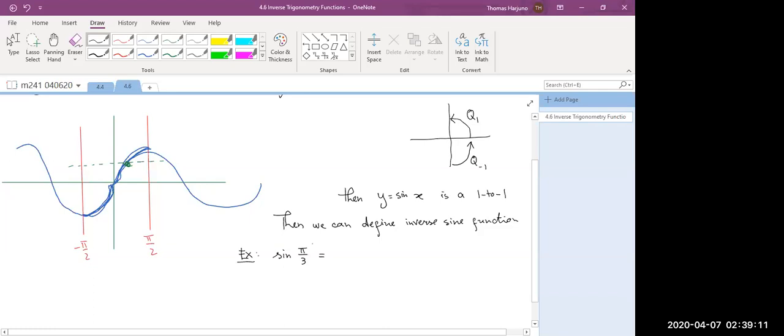So what is sine pi over 3? That's radical 3 over 2. Now, inverse function will do the following. Suppose you tell me the value, if the input is the value, the output is the angle.